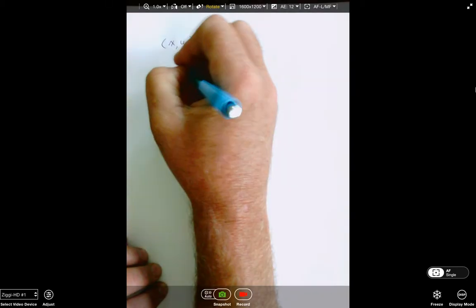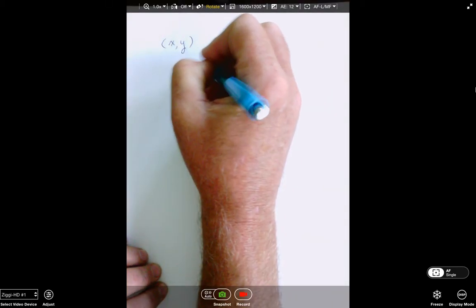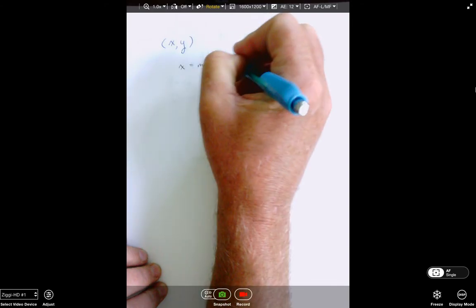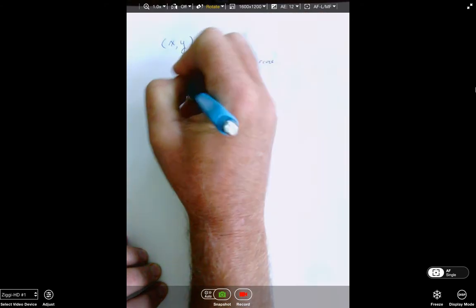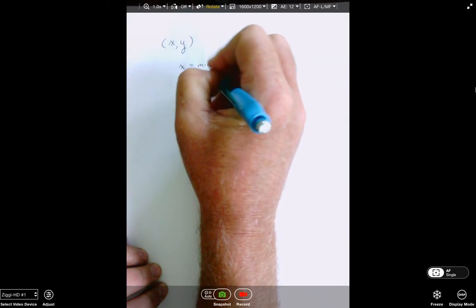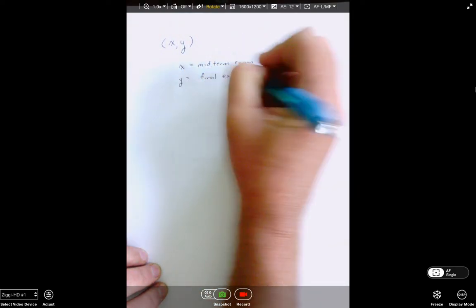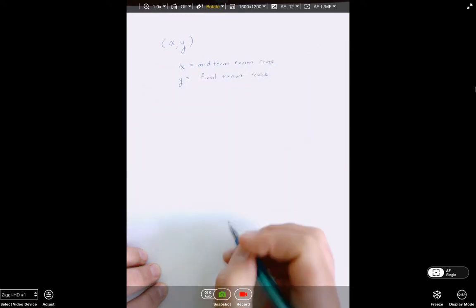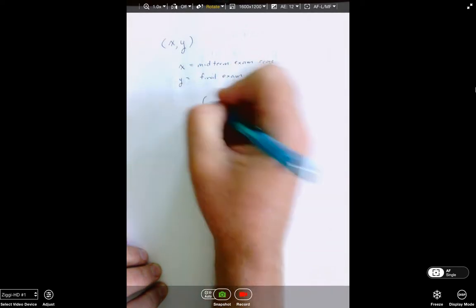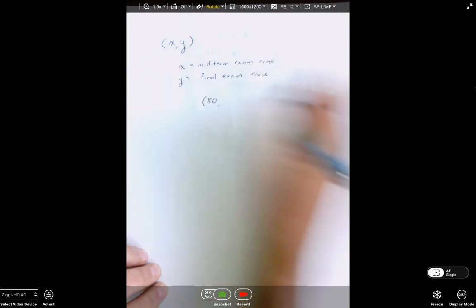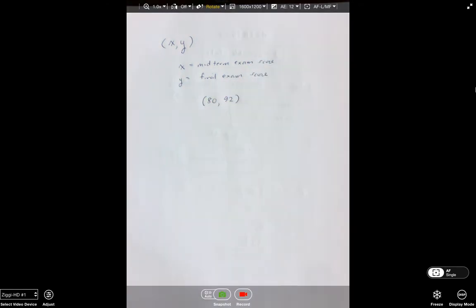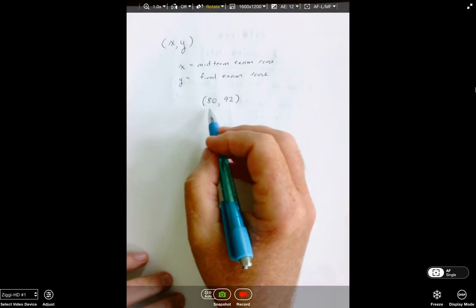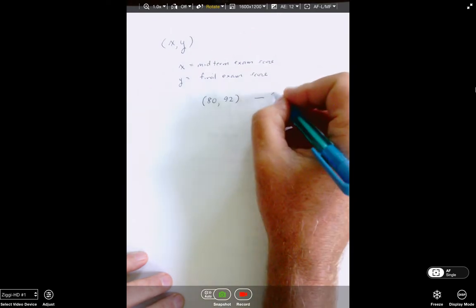So let's say that x is the midterm exam score, and y is your final exam score. So student number 1 scored an 80 on the midterm. They got their act together and scored a 92 on the final, so their ordered pair would be 80-92 for the first student.